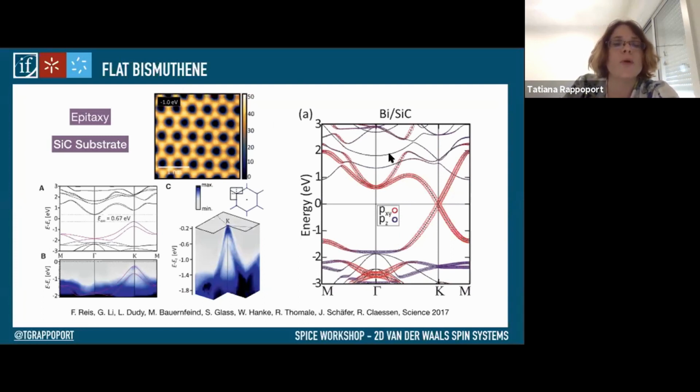And first principle calculations show that this single layer, if we do not consider spin-orbit coupling, has a band structure that looks very much like graphene with a Dirac cone, but the electronic properties at the Fermi level are dominated by px and py orbitals, while the pz band is well below in energy.